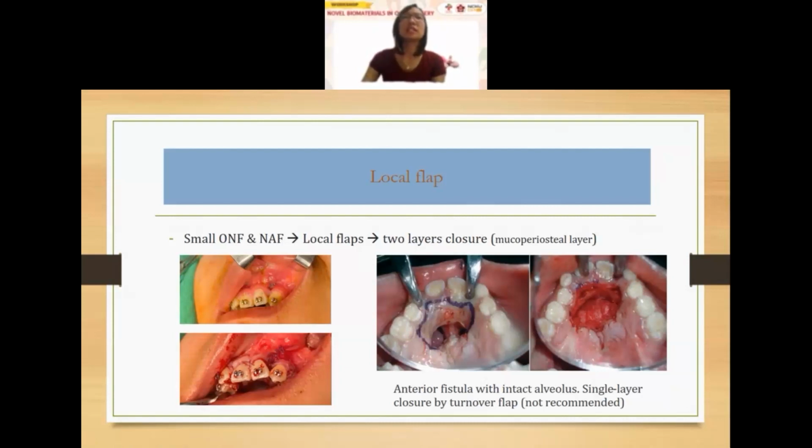This is local flap. Local flap is usually indicated for a small fistula. We can perform it with a single layer or 2-layer closure, but if you use a single layer, the recurrence rate is higher.